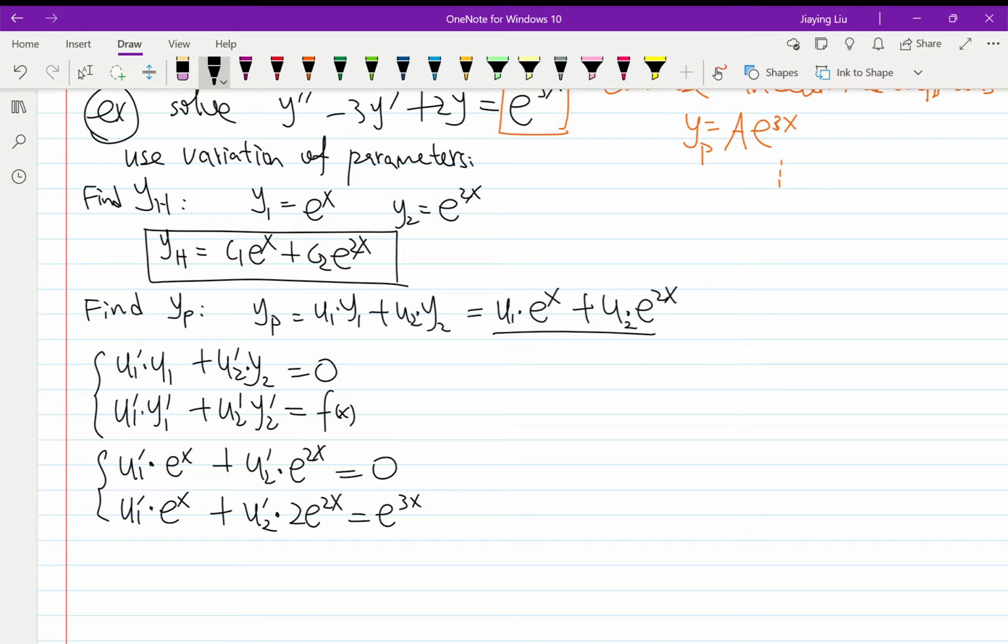And then you just have to remind yourself that e to the x is the coefficient because we're solving for u1 prime and u2 prime. So e to the x is a coefficient, and the e to the 2x is also a coefficient. Same thing with those two terms.